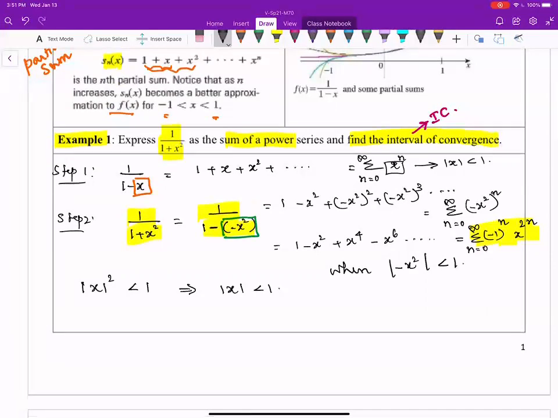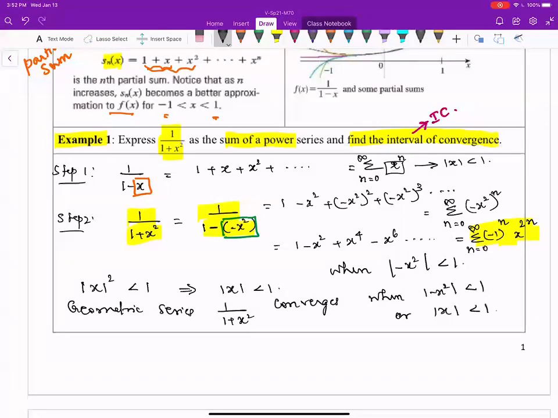So therefore, this series can be written like this only when absolute x is less than 1. So the geometric series converges when absolute negative x squared is less than 1, or when absolute x is less than 1.